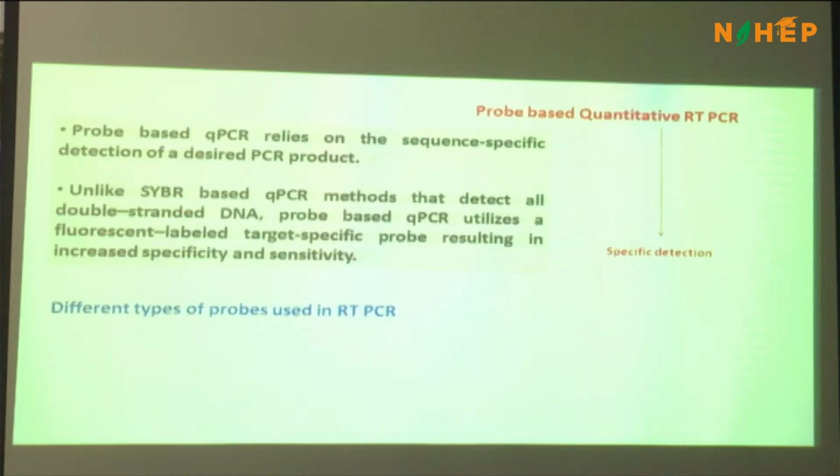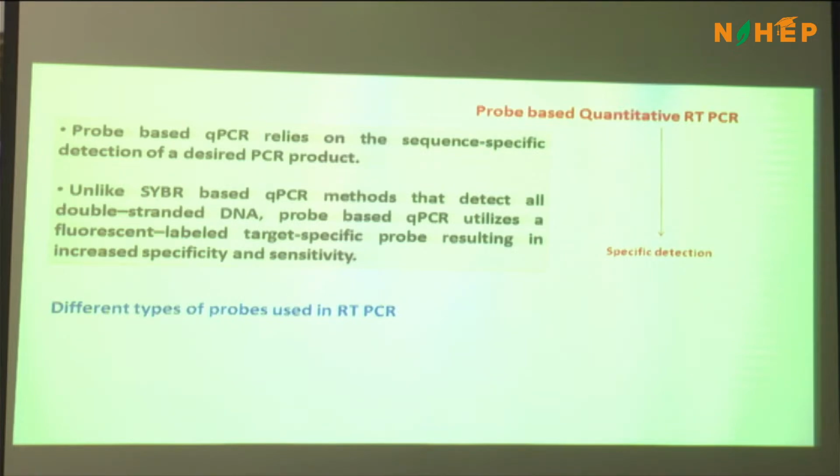This is probe-based. It is slightly different from the dye-based. At 0 hour, you are supplying a probe that has a reporter, we call it a fluorophore, and a quencher that is going to silence the fluorescence of that reporter, separated by nucleotide sequences. Who is supplying the nucleotide sequences? It's you.